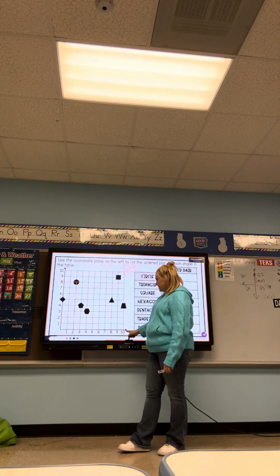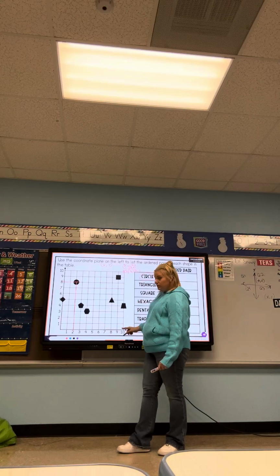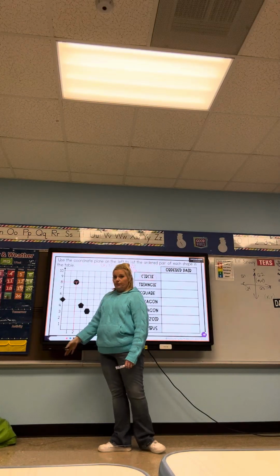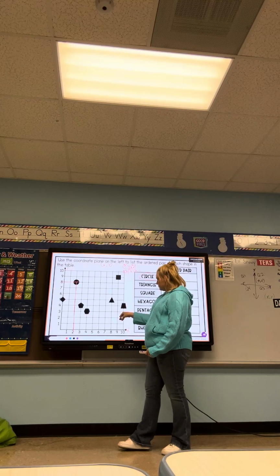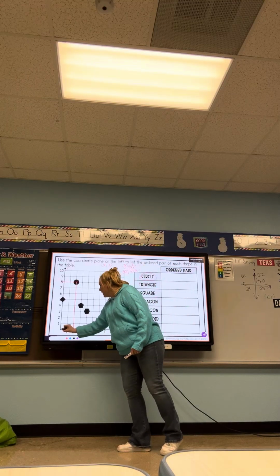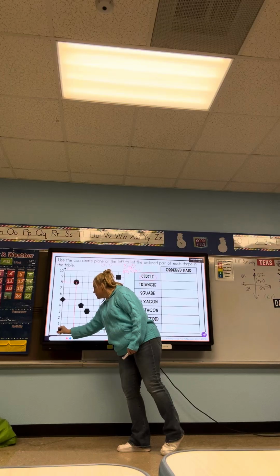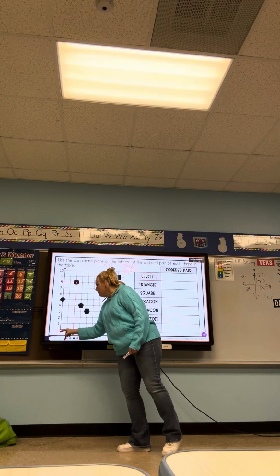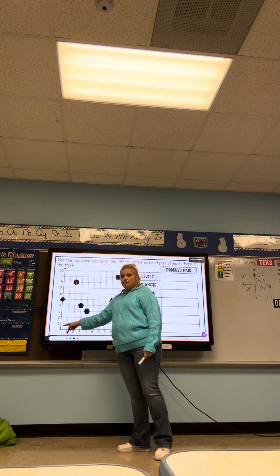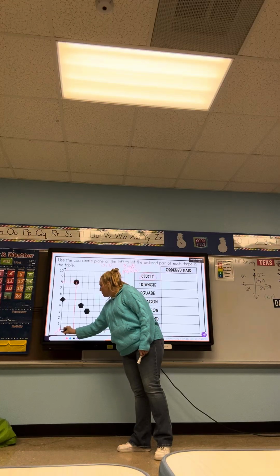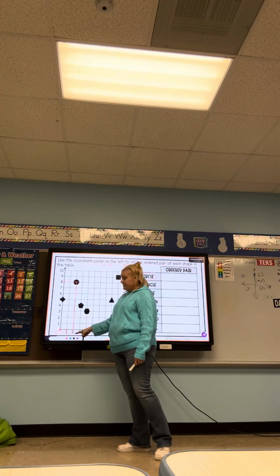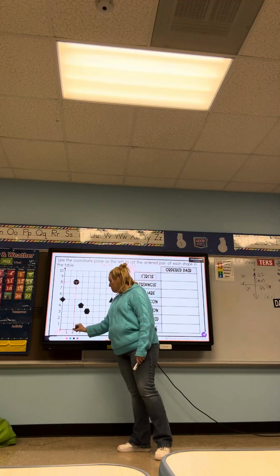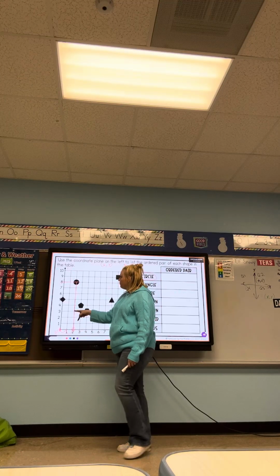My x is horizontal, my y is vertical. I'm going to count how many times I go over, starting from the origin, 0, 0. I'm going to count 1, 2, all the way to where my circle's at. Okay, so I have 2.